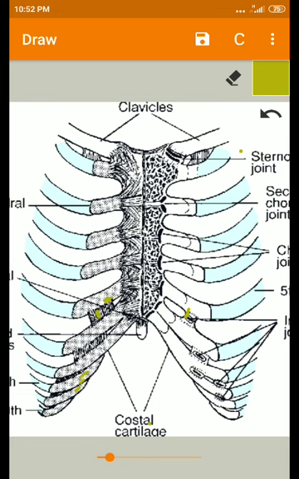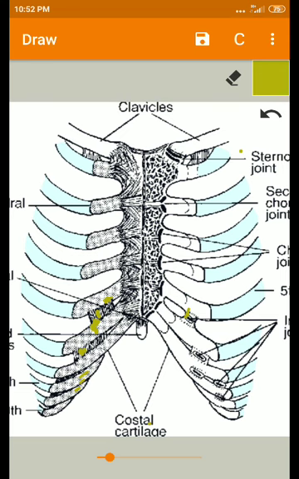Only costal cartilages. So the 6th one is articulating with the 5th above, forming an interchondral joint, and again the 7th one articulates with the 6th, forming another interchondral joint, and again the 8th one articulates with the 7th, and the 9th one articulates with the 8th, forming interchondral joints, whereas the 10th one is united with the 9th with fibrous tissue.